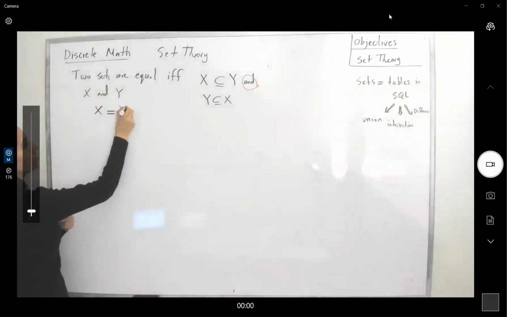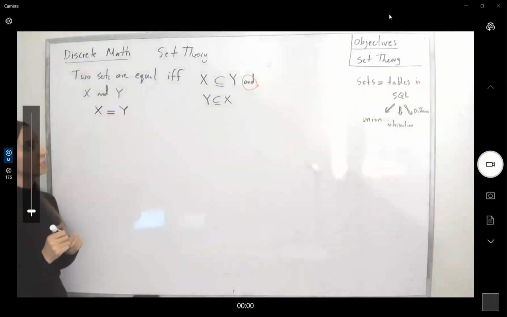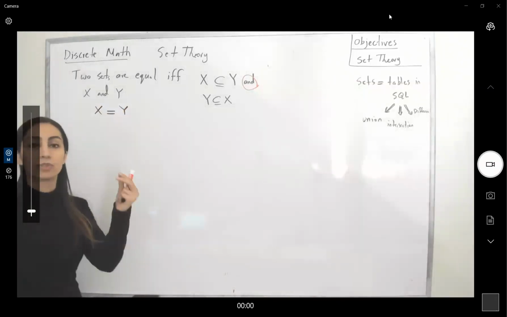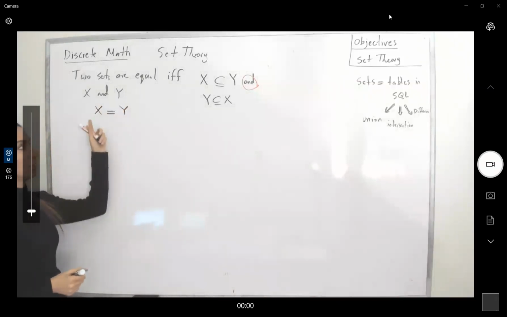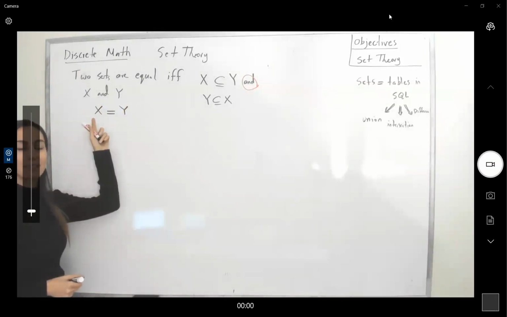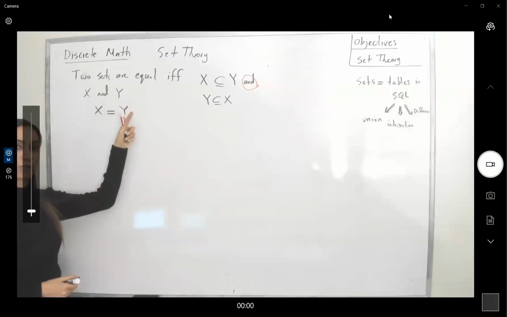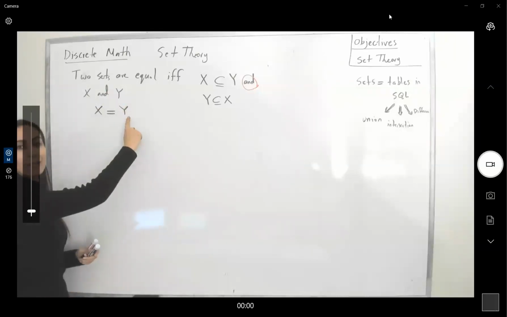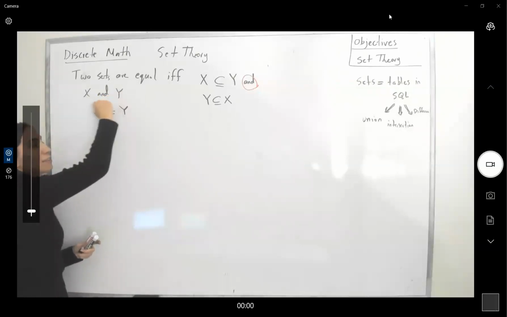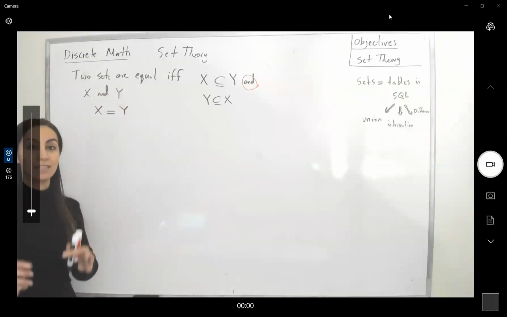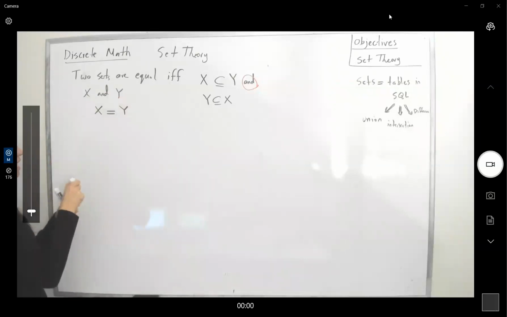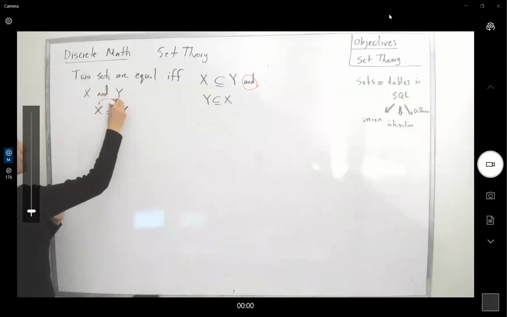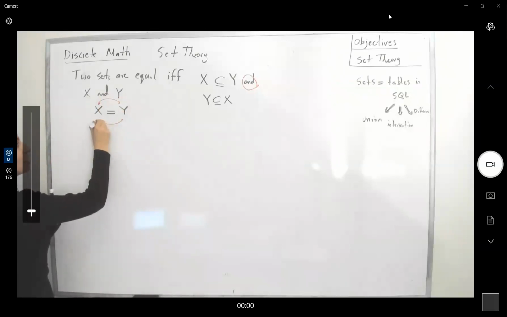X is equal to Y. So to prove that two sets are equal to each other, you have to show that if you take any random element in X, that random element belongs to Y. If you take any random element in Y, that random element must be in X. From X to Y and from Y to X. Both ways.